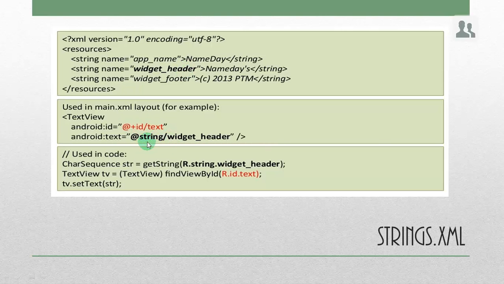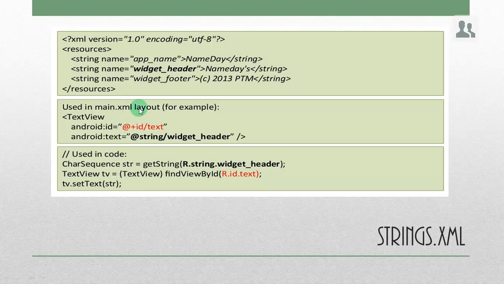So it will look into the string.xml file for this particular name, and the Name Days will be displayed as text inside this TextView, because it has referred to this particular string in the string.xml file. So this is how you can refer to the string that you have stored in the string.xml file inside the layout file, that is the main.xml file or any other layout file.